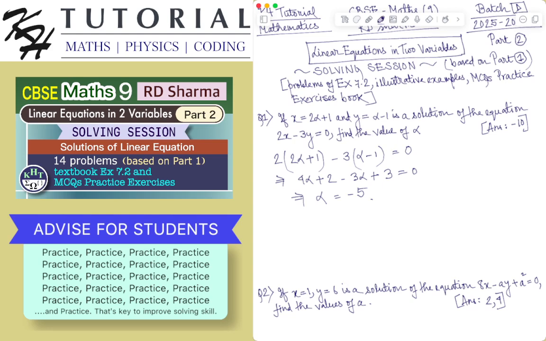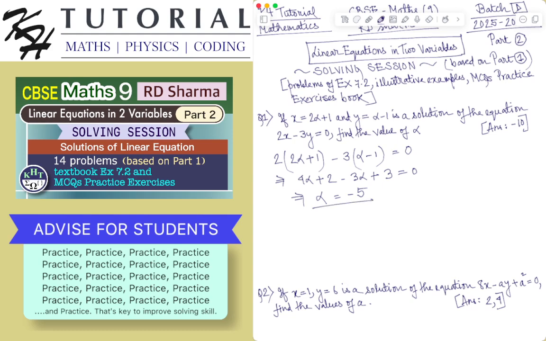So we have 2 into 2 alpha plus 1 minus 3 into alpha minus 1. It must be equal to 0. So we have 4 alpha plus 2 minus 3 alpha plus 3 equals 0. So alpha, I don't know. My answer is coming out to be alpha equals minus 5.